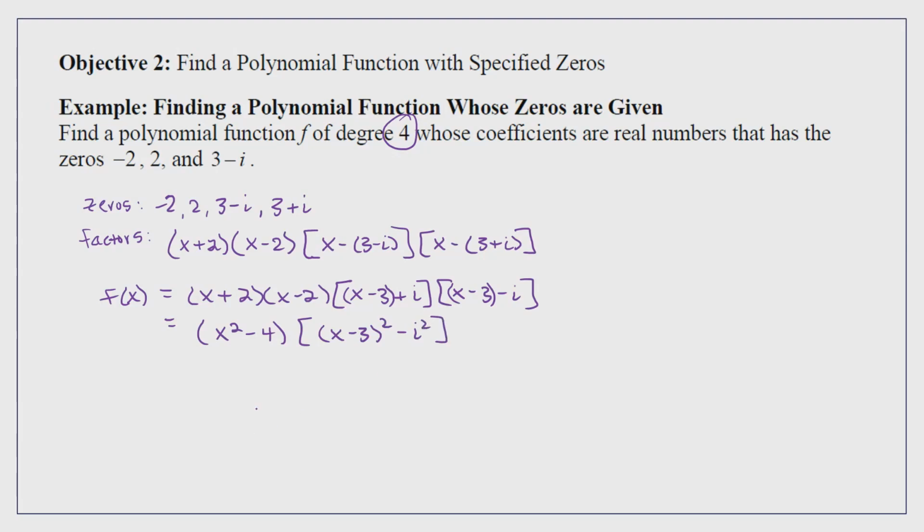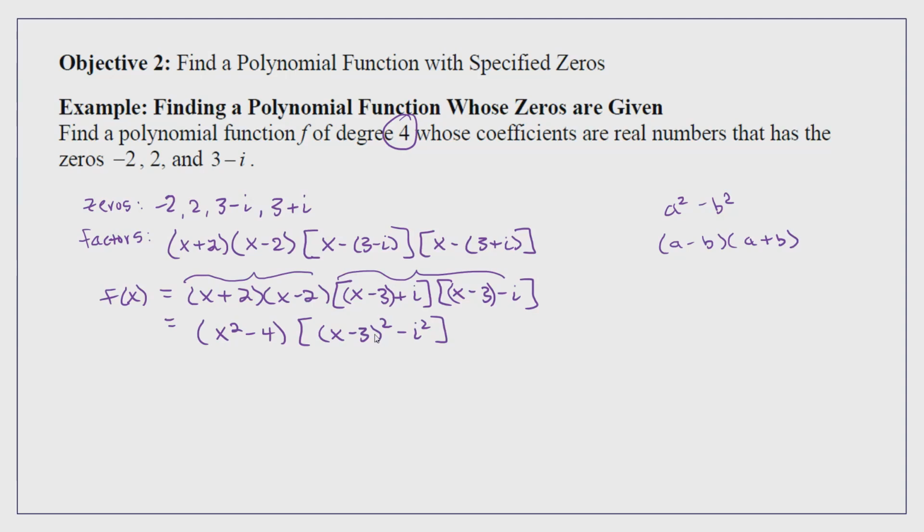Okay, so if we were to do FOIL and multiply these first 2 binomials and then these 2 binomials, we would get the following. Now, this also is the formula for the difference of squares, which says a squared minus b squared is a minus b times a plus b, which both of these sets represent.